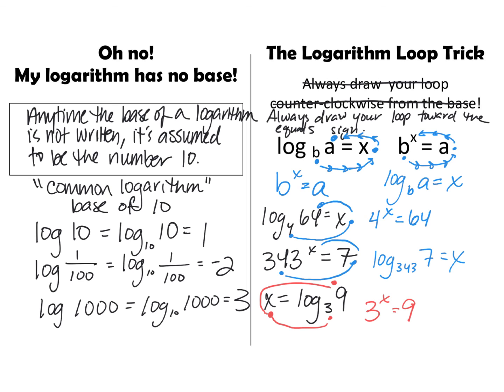So it's a better strategy to always draw your loop toward the equal sign. That will move you in the right direction. Sometimes the equal sign is to the right, sometimes the equal sign is to the left. So this helps with converting from exponential to log and from log to exponential.